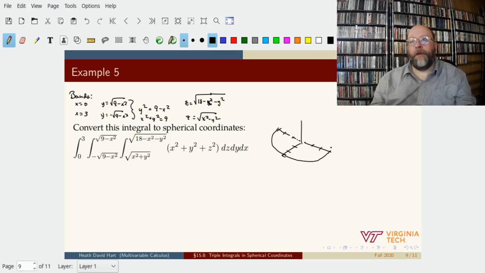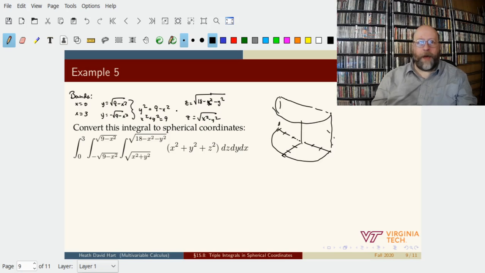So not the back half. Okay? And since z is not present in this equation, we have half of a cylinder here. So that's what this boundary looks like.